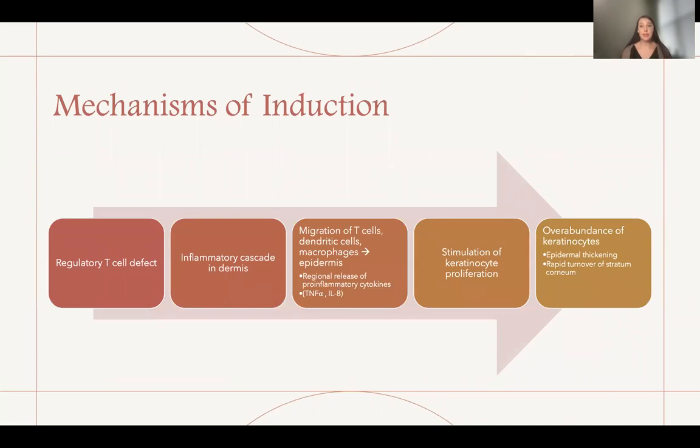What begins psoriasis is a regulatory T cell defect, and this will induce an inflammatory cascade in the dermis. This inflammatory cascade leads to T cells, dendritic cells, and macrophages all migrating to the epidermis.